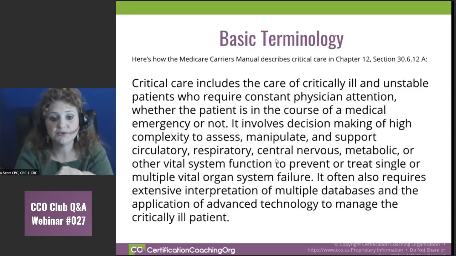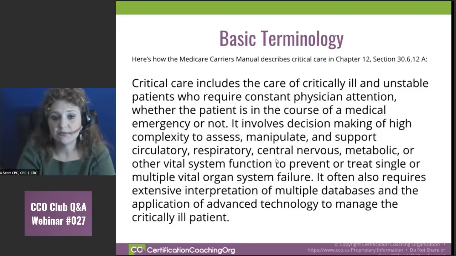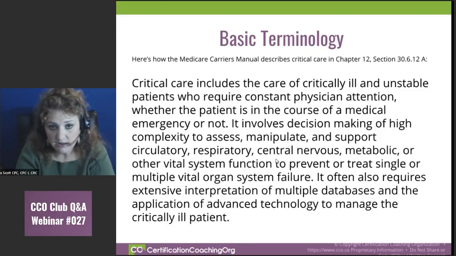When you're in ICU, it usually means the criteria for being in intensive care is that you're in a critical state at that point. We also know that if the patient is unstable or critically ill, then it's really high decision making.